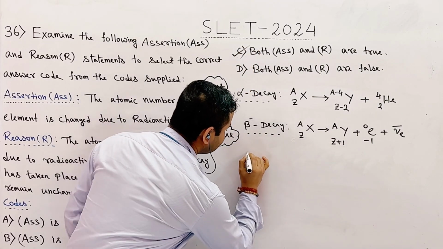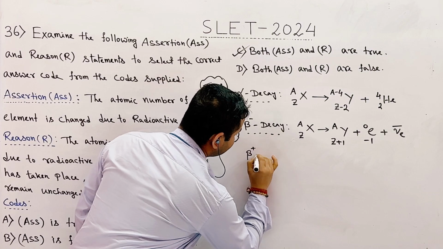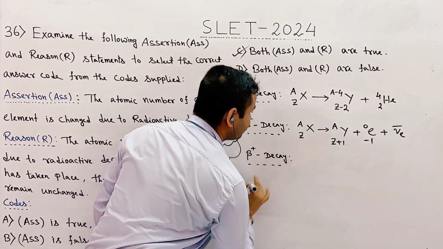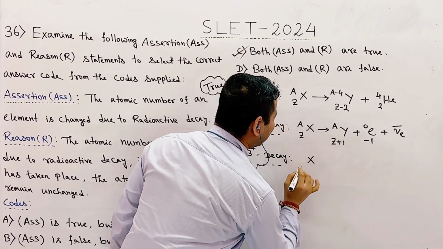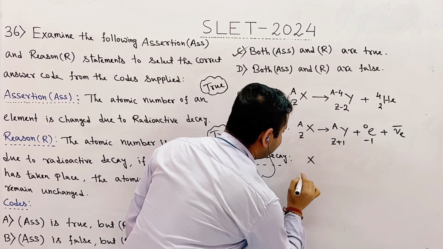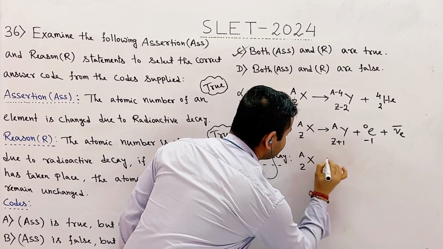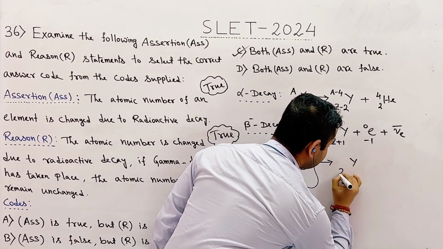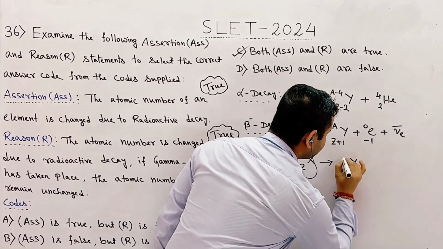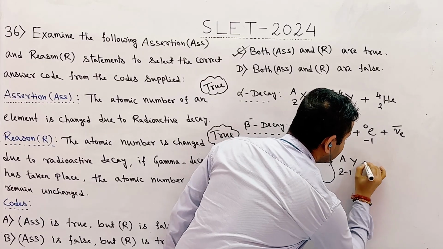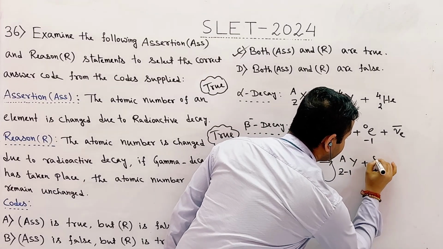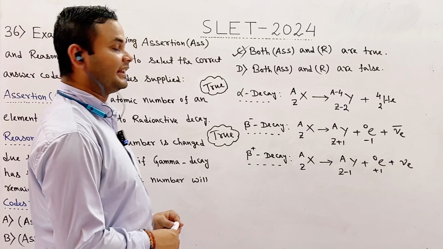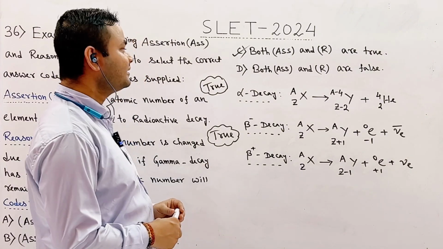Next one is beta plus decay. Again, X is the parent nucleus. The daughter nucleus becomes Y with Z minus 1, A, plus positron plus electron neutrino. Next, let me define what is gamma decay.